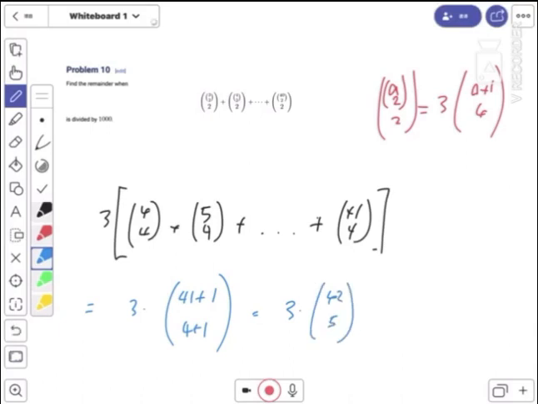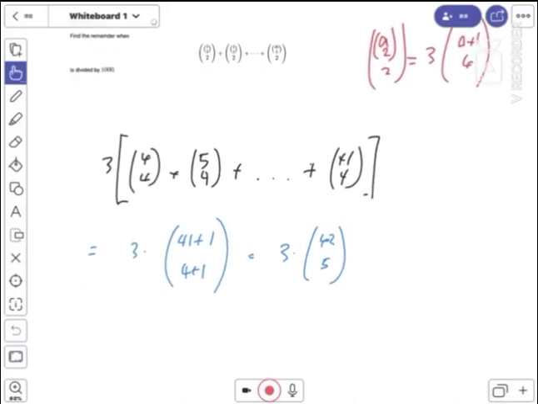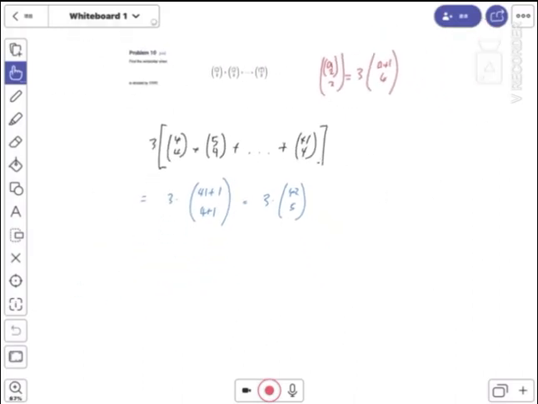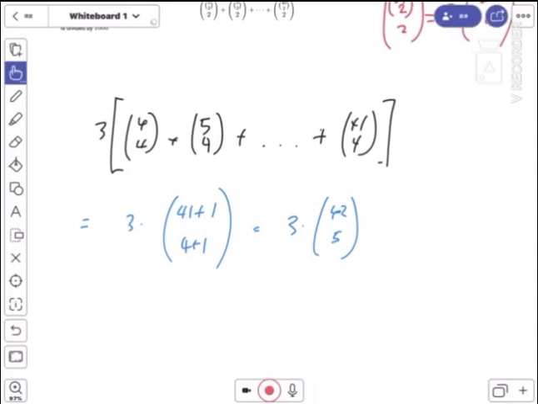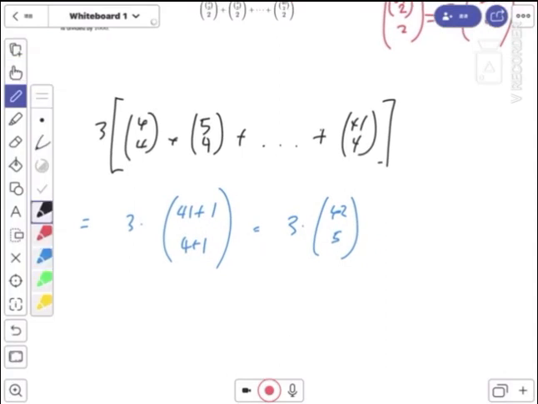Now, this entire problem is just boiled down to finding the numerical value of this. So 42 choose 5 is essentially just 42 times 41 times 40 times 39 times 38 divided by 120, times 3. Now, this one can obviously cancel out. So we just want to find 42 times 41 times 39 times 38.